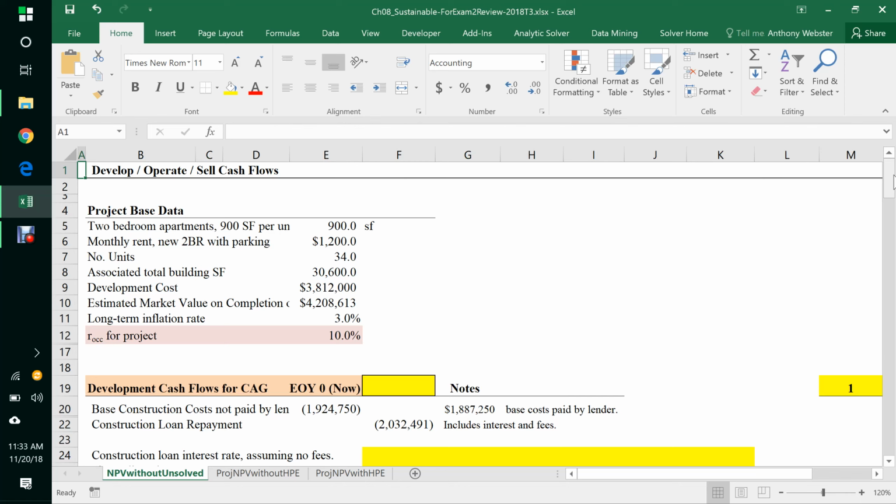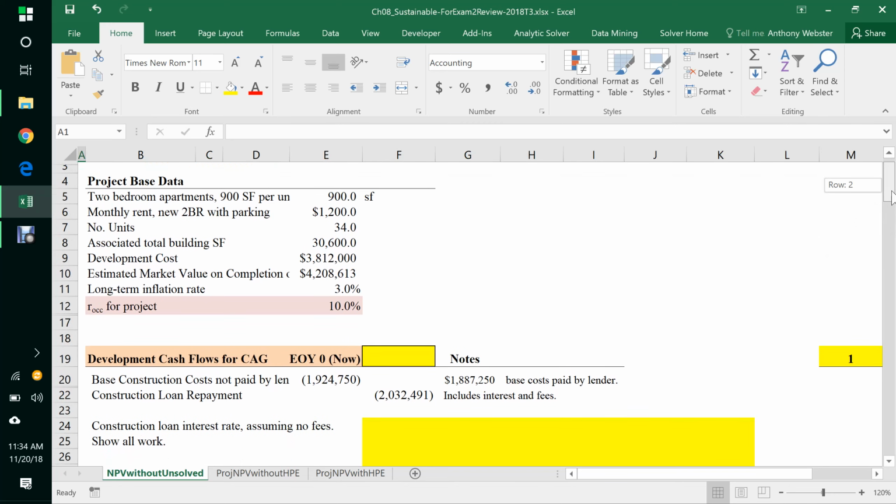Then we're going to operate for some number of years, and then we're going to sell the cash flow producing property. Okay? So the key thing with this, as I've said before, is set yourself up with what year is in what column and stick with that through the whole problem. Otherwise it's going to get very confusing.